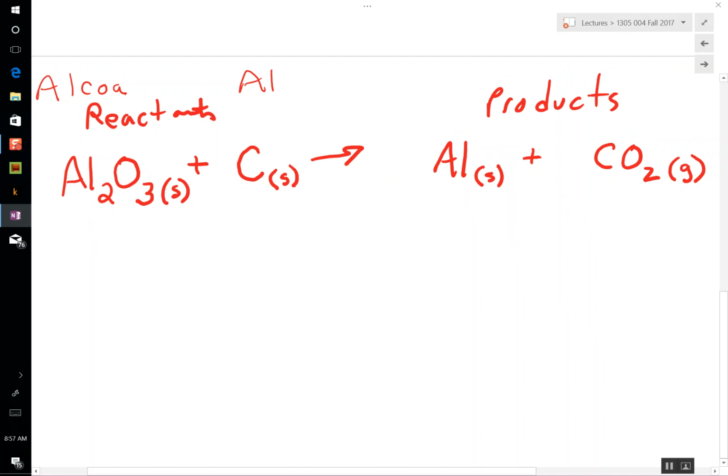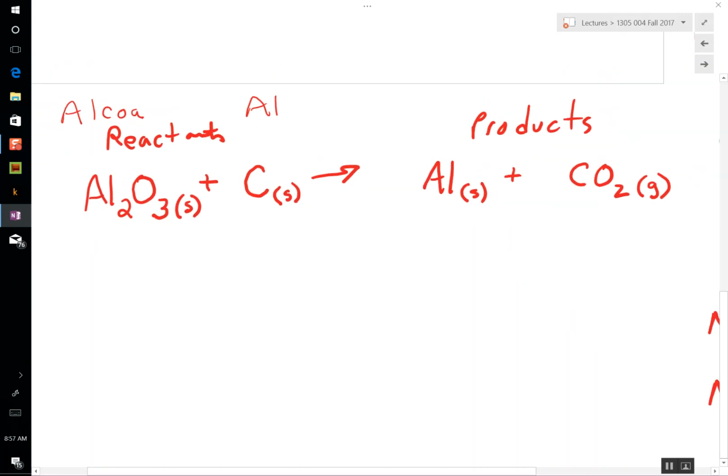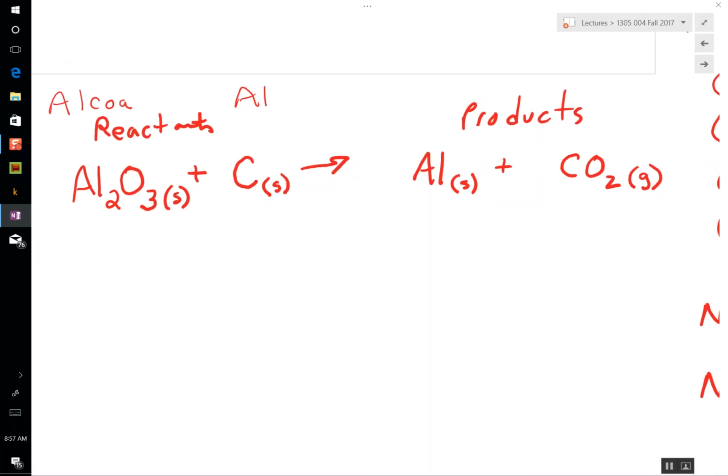Okay, now we want to balance this chemical equation. And what does balancing mean? We want to have the same amount of every element on both sides of the equation. And let's see if it is balanced. I've got one carbon here and I've got one carbon here.